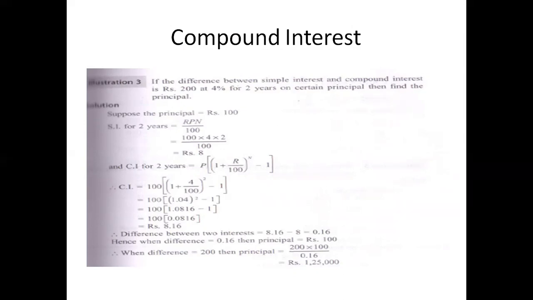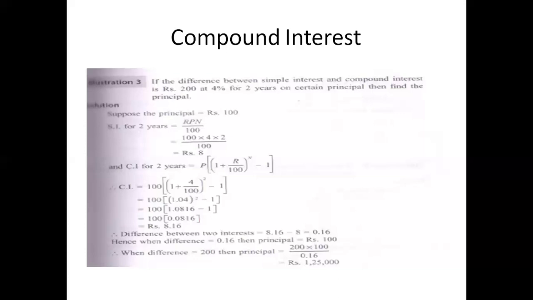Now, as we know, when we are calculating simple interest and compound interest for any principal for more than a year, the amount will always be more for compound interest. So the difference between the compound interest and the simple interest is 8.16 minus 8, which is equal to 0.16.